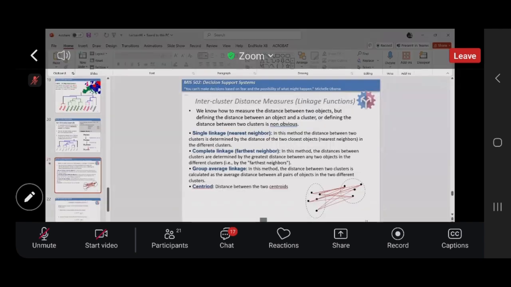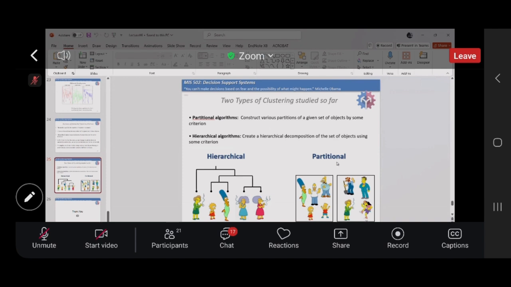It basically says that partition only divides into one level, a single level, not level after level after level, not multi-level. You are not able to see the distance between these two. But here you can see the distance between these two, and these two, each one. Within the cluster you cannot see the differences, but in hierarchical you can see the distances between clusters.